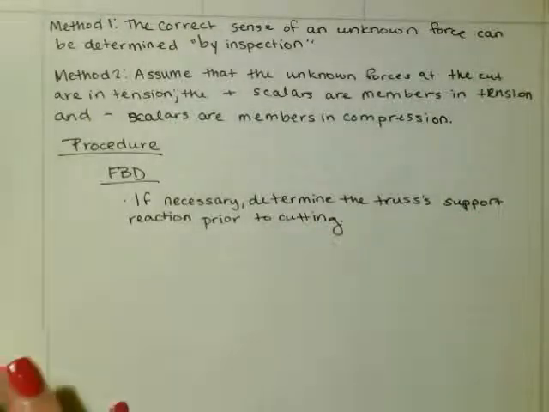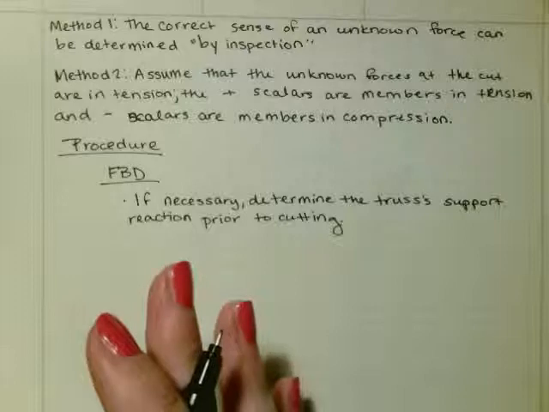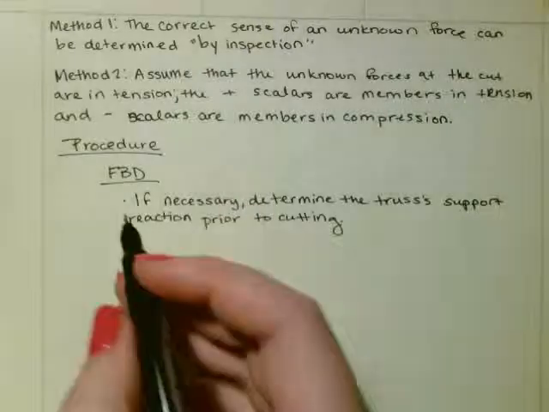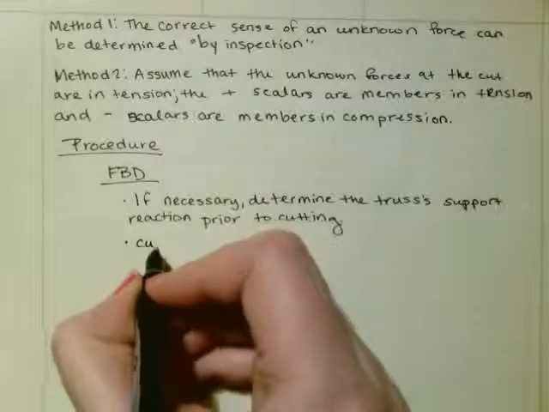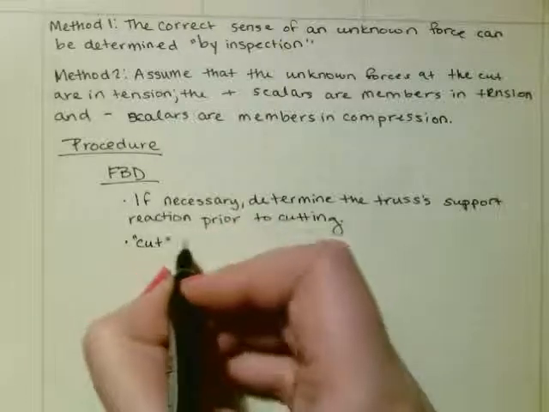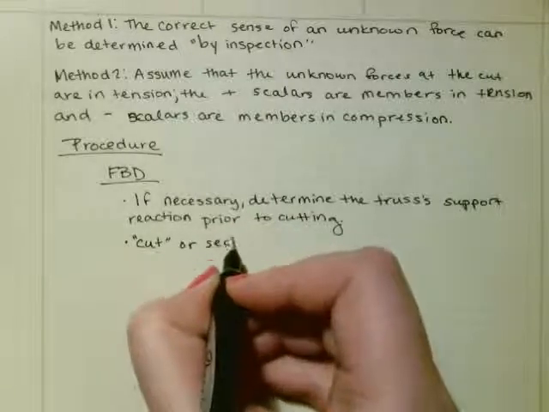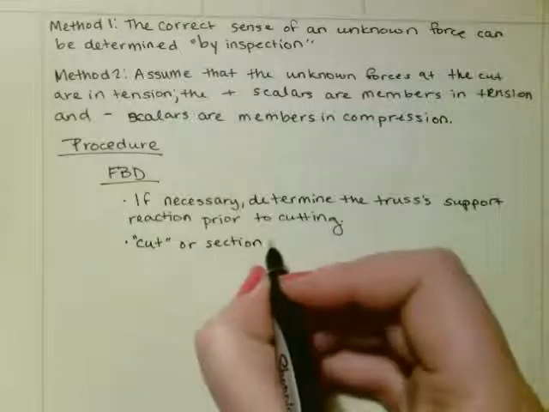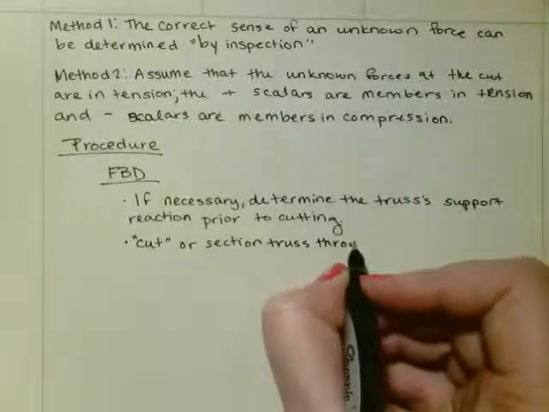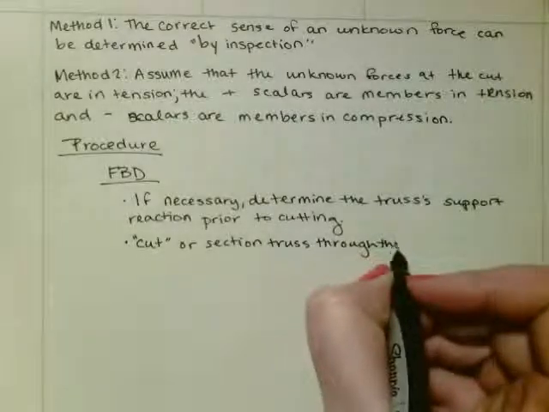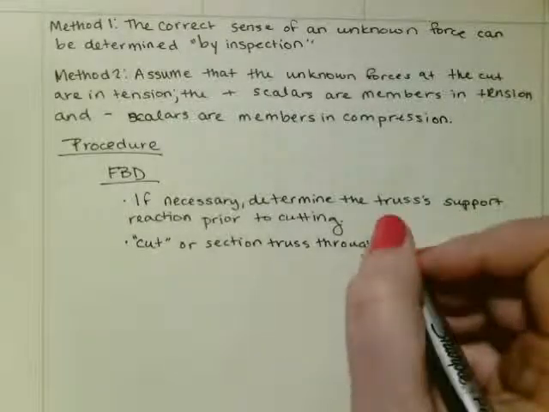In that first example, we didn't have to determine the truss's support reactions before we cut. Then you want to cut or section the truss through the areas where the forces are to be determined.